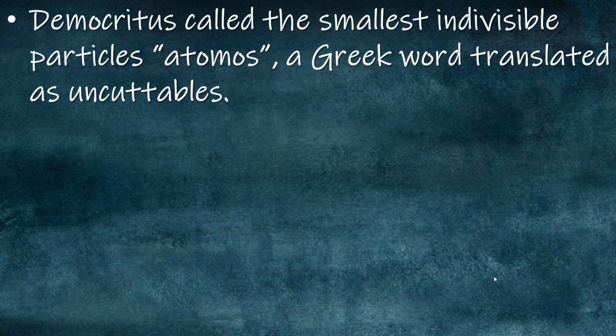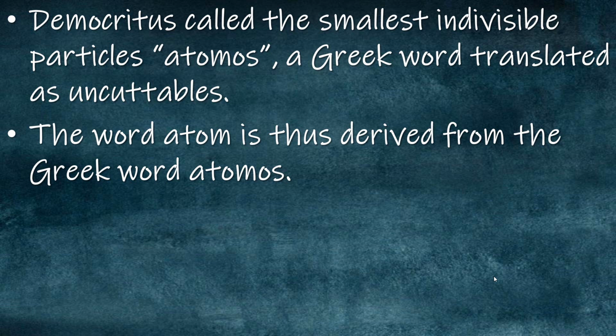According to them, Democritus called the smallest indivisible particles atomos, A-T-O-M-O-S, a Greek word translated as uncuttables. So he said that those smallest indivisible particles are called the uncuttables. And in Greek, that is atomos, from which we derive the word atom.